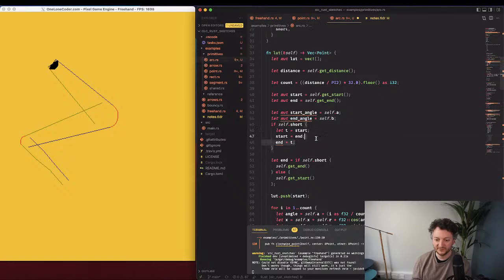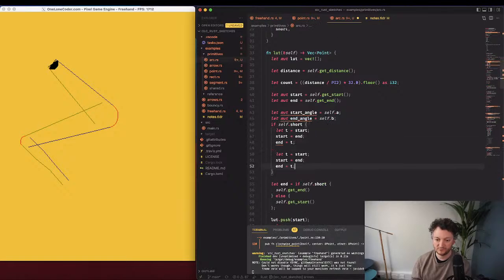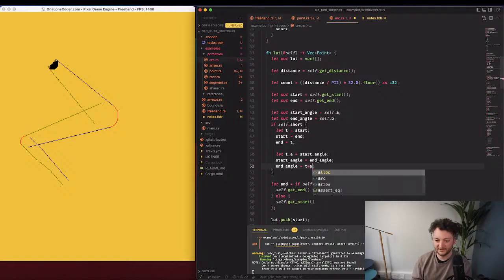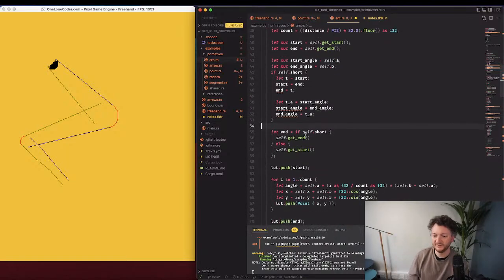If self.short, yep. So we're just, again, switching these things if this self.short flag is true.